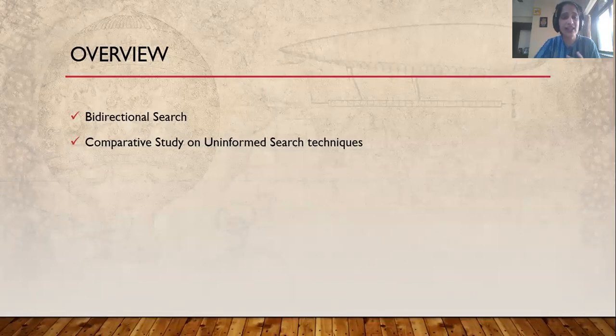But why are there new search techniques even in the uninformed category? The reason is that the core breadth first search and depth first search end up with certain limitations when talking about a big state space. Either they consume a lot of time, or they may consume a lot of memory.